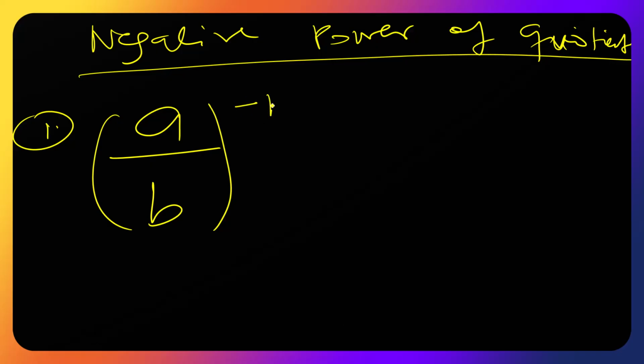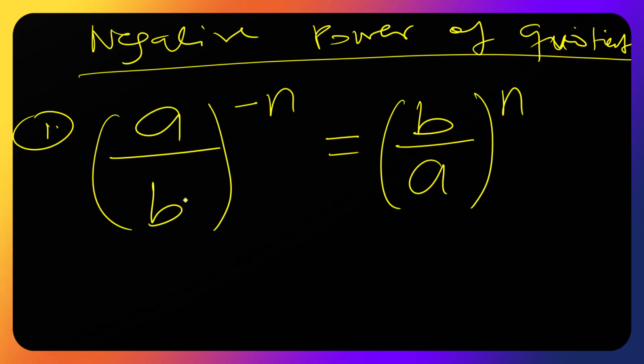It's a property. So once you see this, it is the same as the reciprocal of a on b, that is b over a, all to the power of n. So once we reciprocate this, the power also changes to positive.